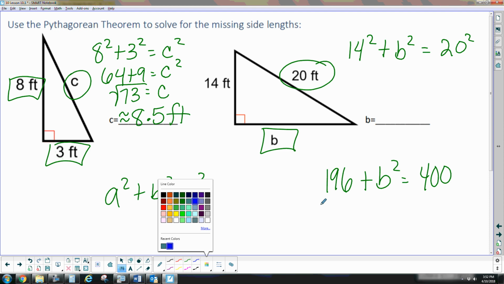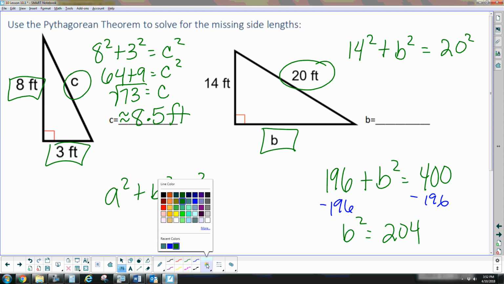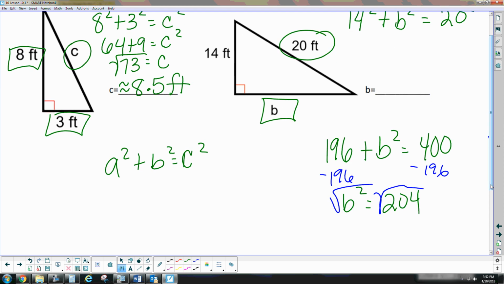You can subtract 196 from both sides, and you get b squared equals 204. Then you need to take the square root of both sides to solve for b, and you get b is approximately equal to 14.3 feet.